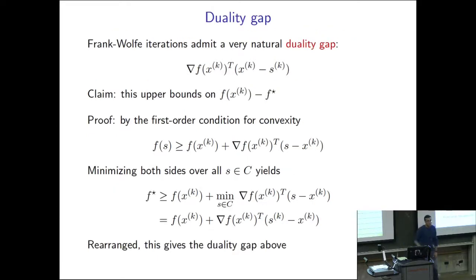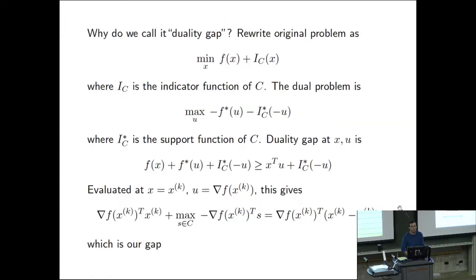So it's another way to see that it's a valid gap coming from the dual. This proof is obviously much simpler. It didn't invoke duality at all. This is just where the name comes from, an alternative argument through duality. Okay, any questions?